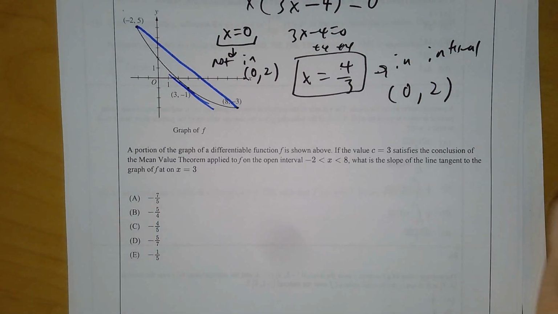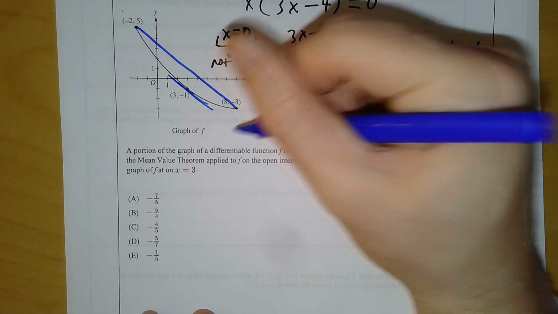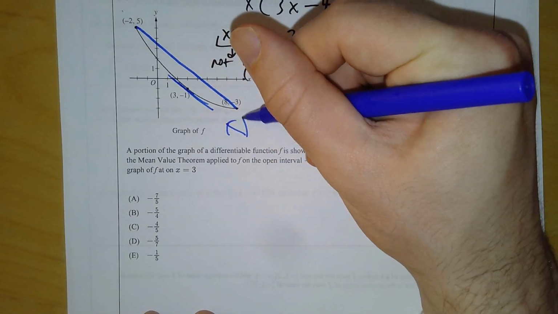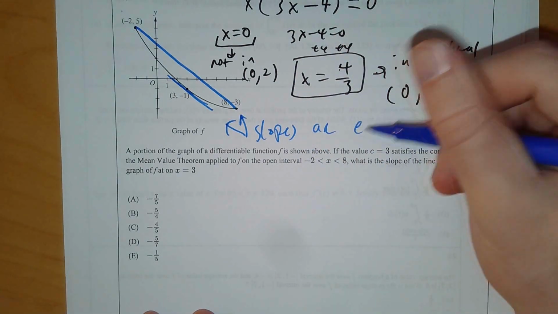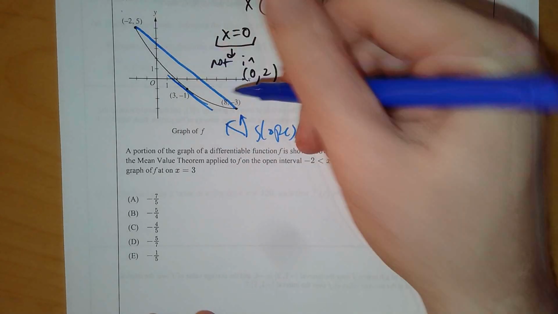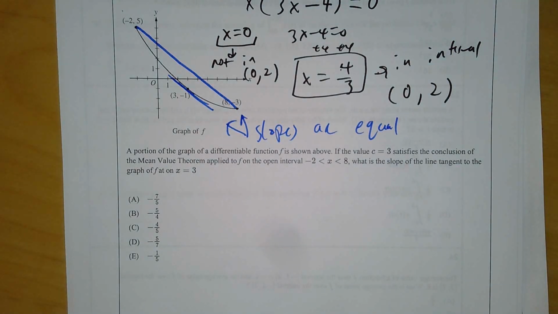Okay, so if I want to find the slope of this, basically these slopes are equal. So I just need to get the average rate of change, and then I'll be fine.